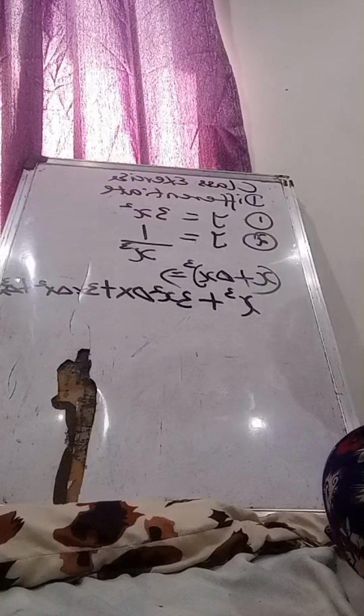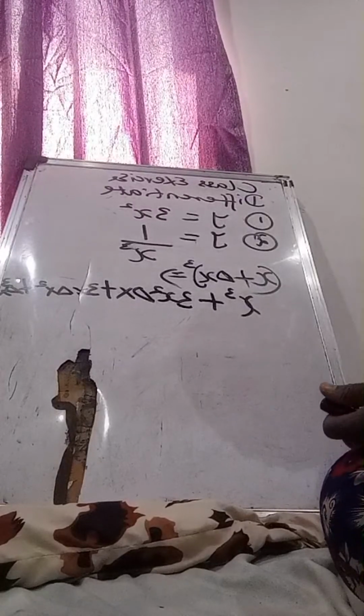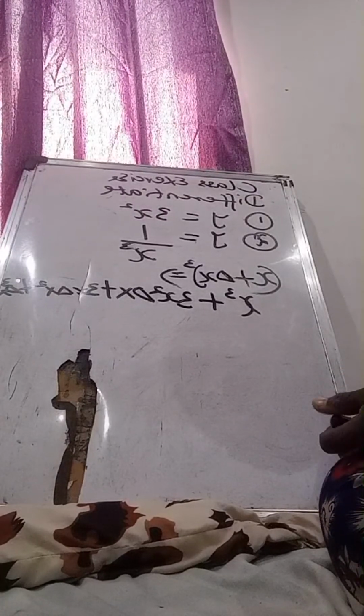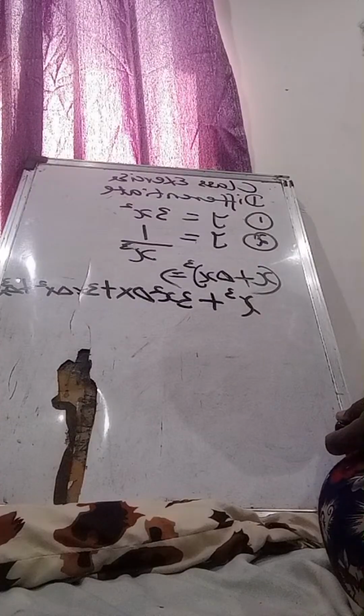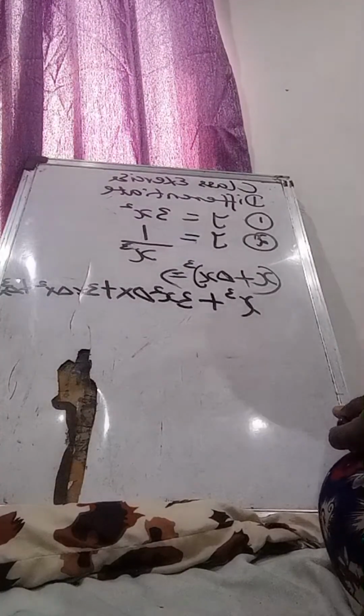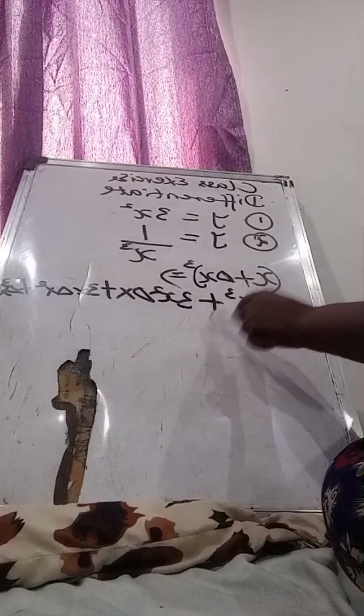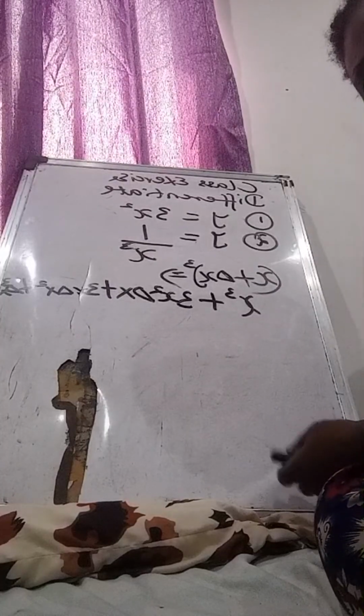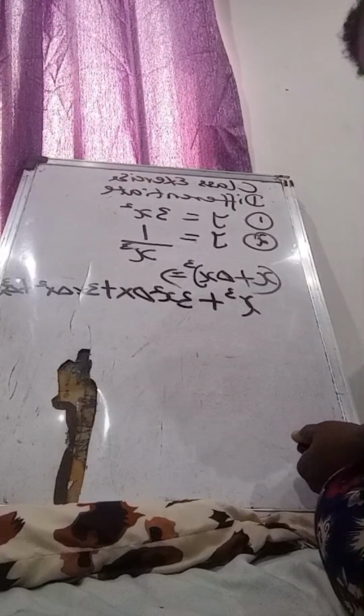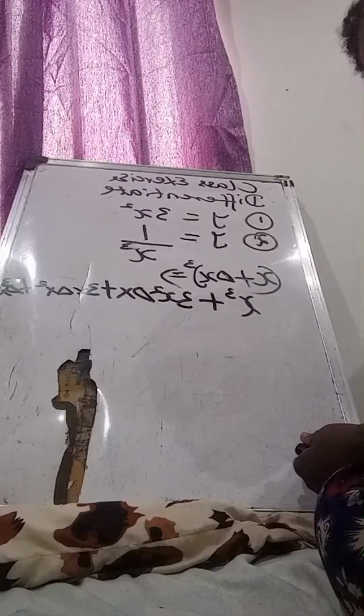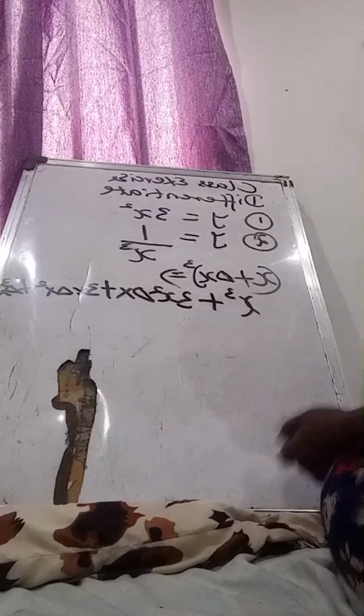You mean the algebraic identity? Was it not the algebraic identity people used to get this one? I posted it last time on the platform and asked people to expand x plus y bracket, x plus y bracket, x plus y, and this is what people got.